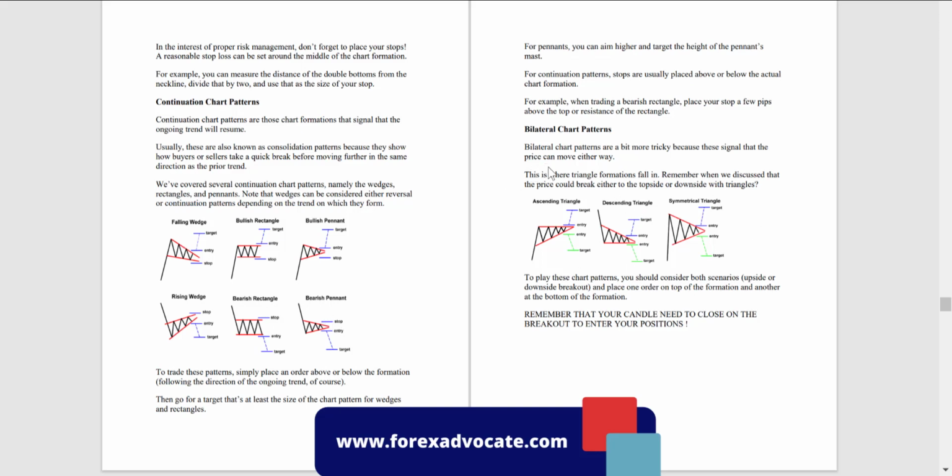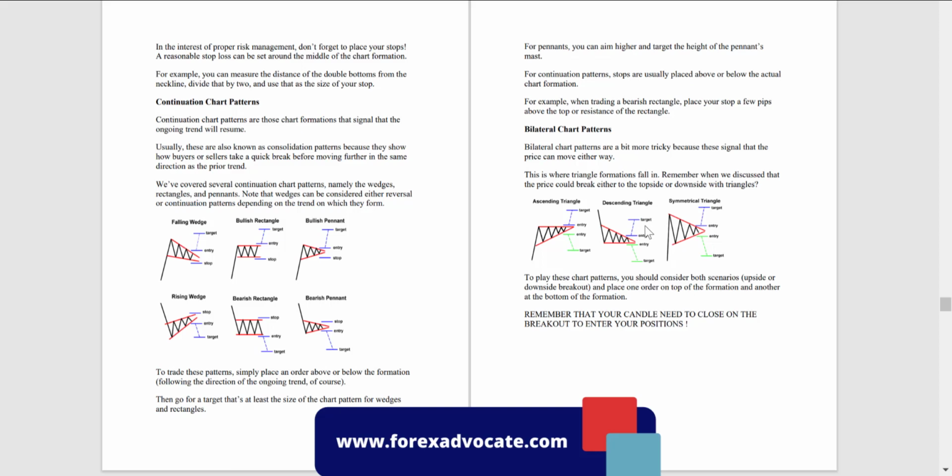And there are also bilateral chart patterns too. Bilateral chart patterns are a bit more tricky because this signals that the price can move either way. So this ascending triangle, if you see them anywhere, your market can move anywhere. This descending triangle as well, and this symmetrical triangle. These ones are the third group.